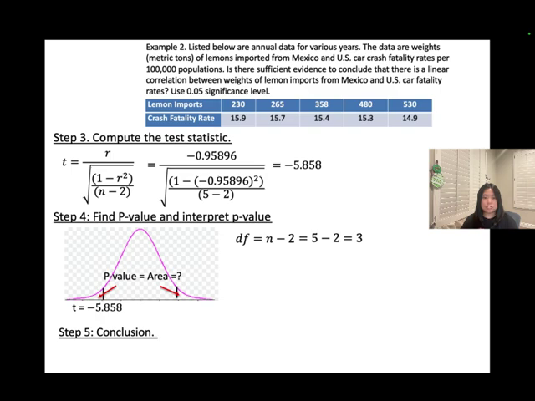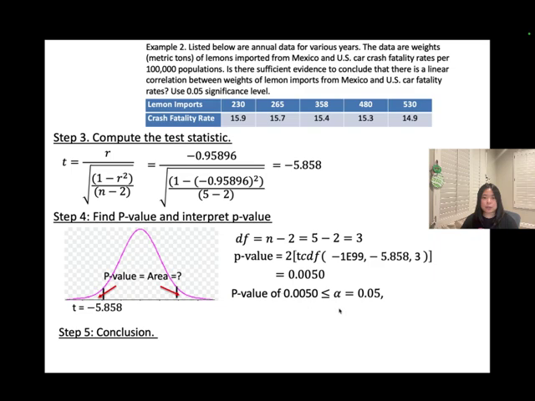And then tcdf, the lower value will be negative 1E99, the upper value will be negative 5.858, degrees of freedom will be equal to 3. Okay, right? And then multiply by 2 because you do have 2 tails. You should get 0.0050.